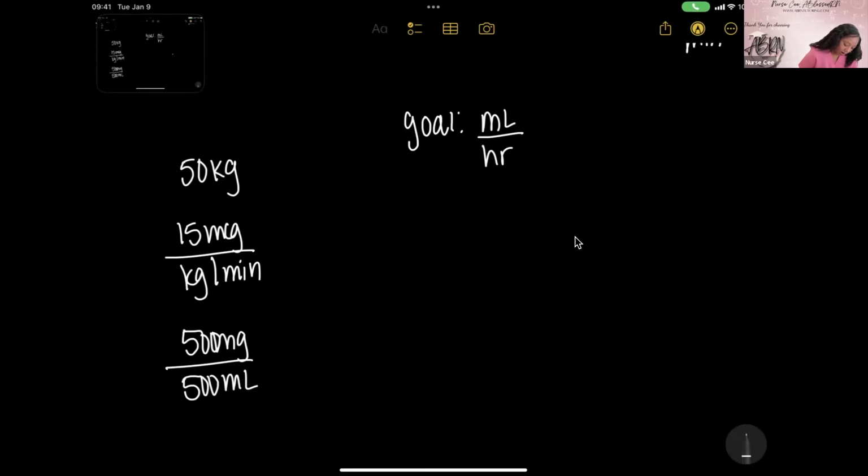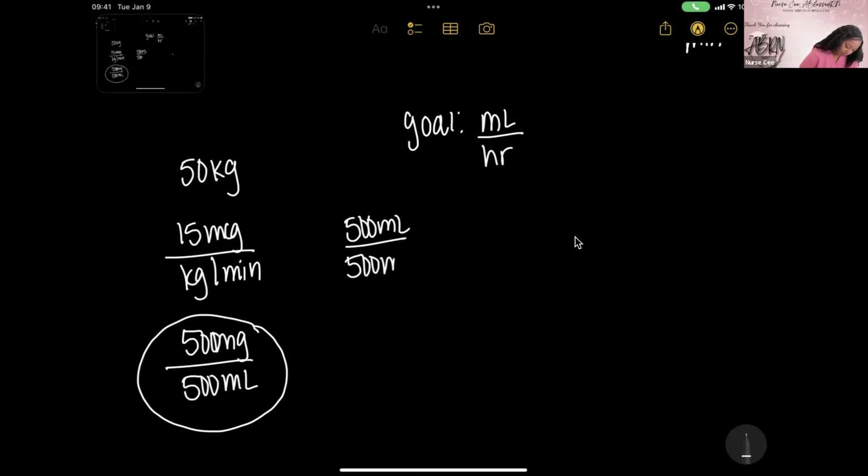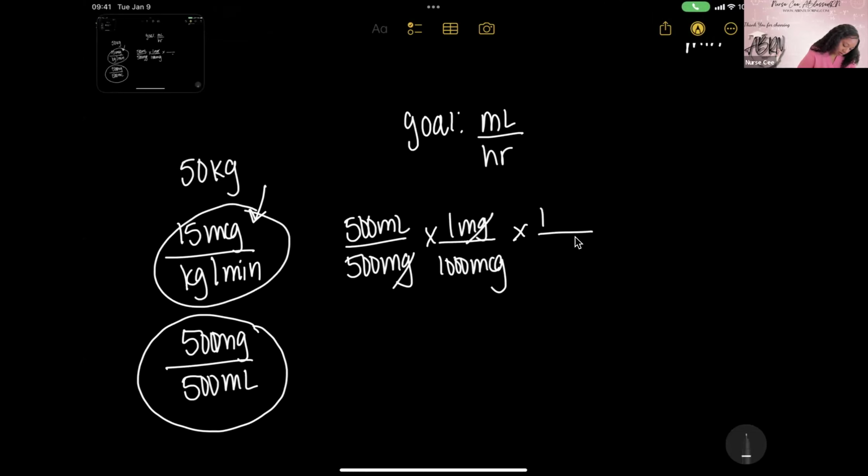Okay, so if I'm starting with what I'm looking for, I'm going to start with my milliliters. So 500 milliliters over 500 milligrams. My puzzle piece right here has micrograms. I can't put a microgram on top of a milligram, so therefore I got to put in a conversion. So 1 milligram is 1,000 micrograms. Now I've got micrograms at the bottom, so I can put this puzzle piece in.